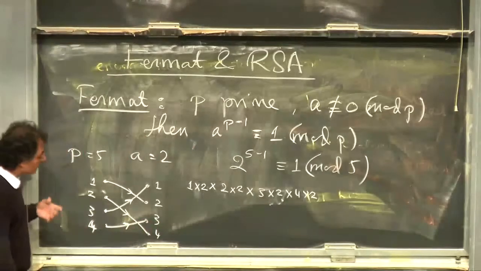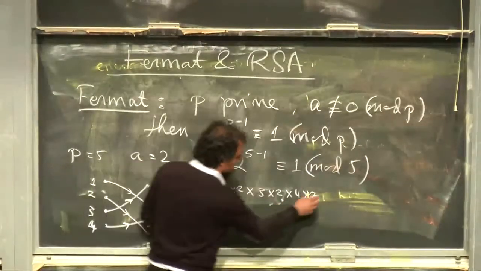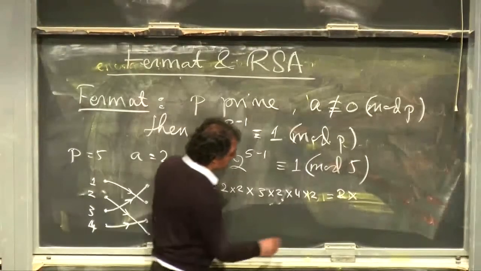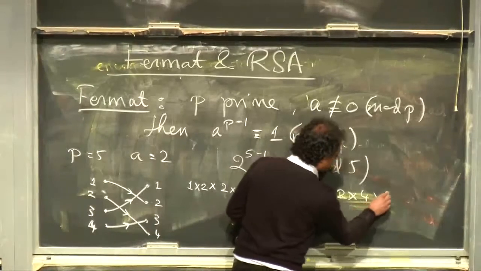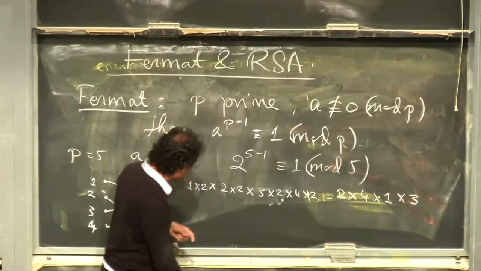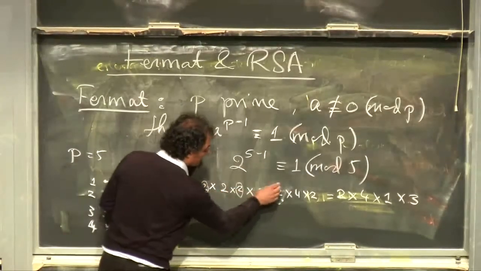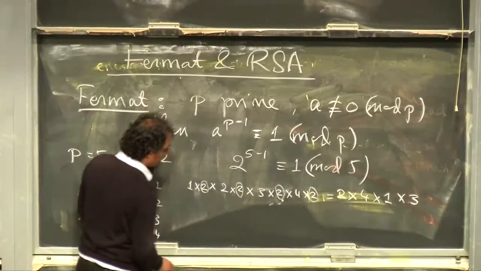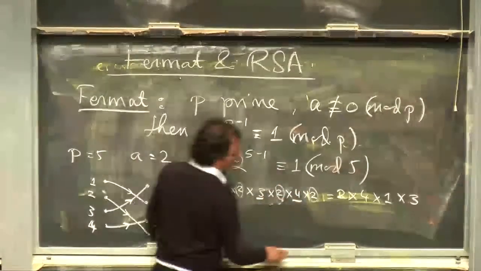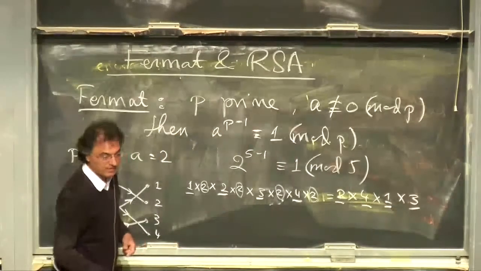Okay. But then what do you get in the end? Well, you get 1 times 2 is 2. 2 times 2 is 4. 3 times 2 is 1. 4 times 2 is 3. Okay, so now you just take these out and you say, well, you have 1 times 2 times 3 times 4 here, and you have 1 times 2 times 3 times 4 here, so you can cancel those out.